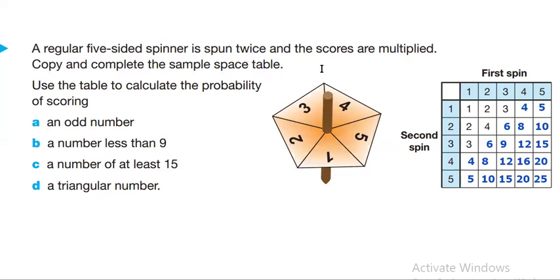As we always say, read the question, understand what's wanted from you, and then fill the gaps using the information that you have. Now we're going to use the sample space table to answer these questions. Use it to calculate the probability of scoring an odd number. First, let's count how many odd numbers. As we said, the total possible outcomes is what?